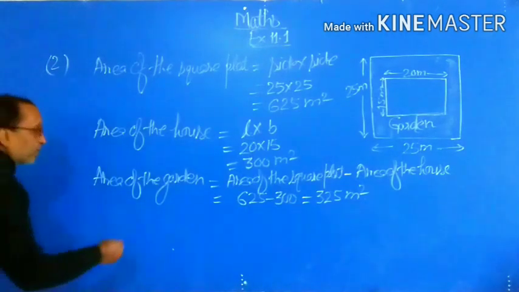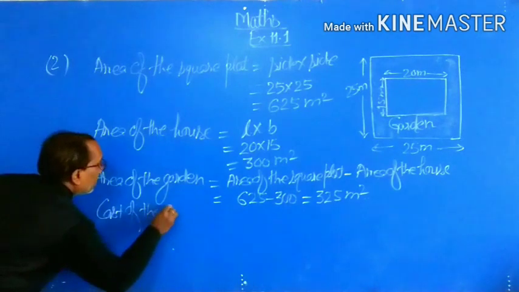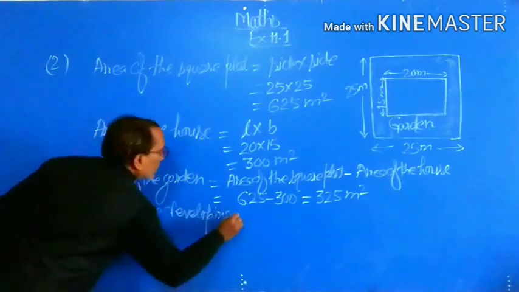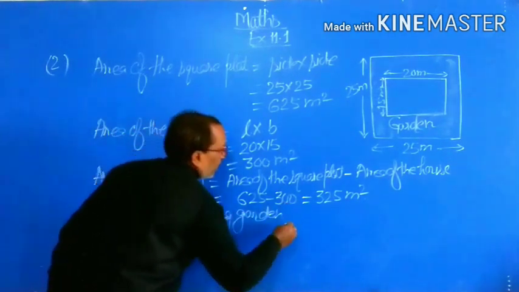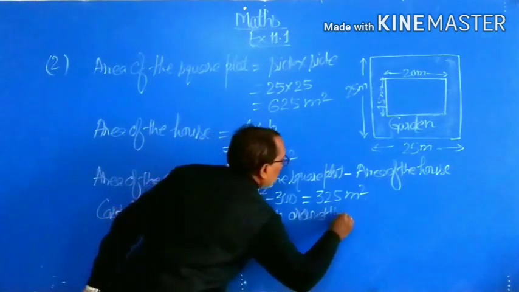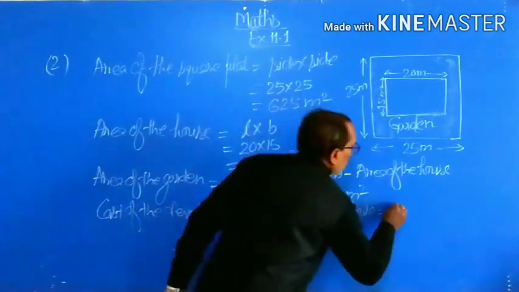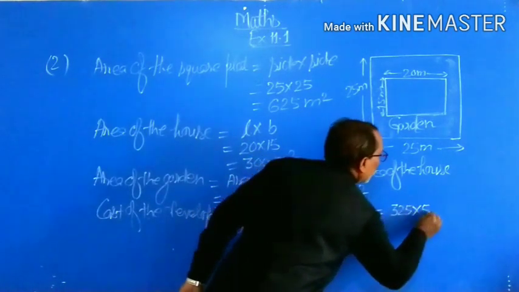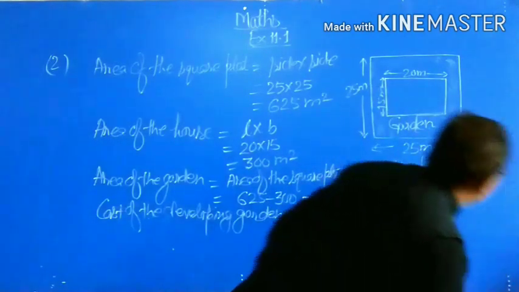Then cost of developing the garden around the house is equal to 325 into rate 55 rupees per meter square.